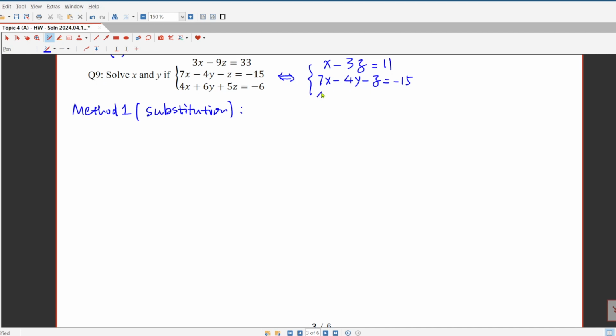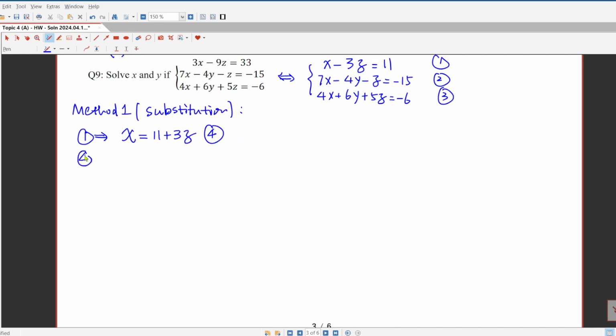The third one, we could not further simplify, so just copy them. Call them number 1, 2, 3 respectively. This first one is much easier because it does not have y, right? So from the first equation, we can solve x in terms of z, which means x equals 11 plus 3z, right? Let's call this equation number 4.